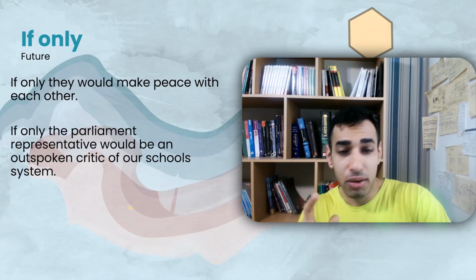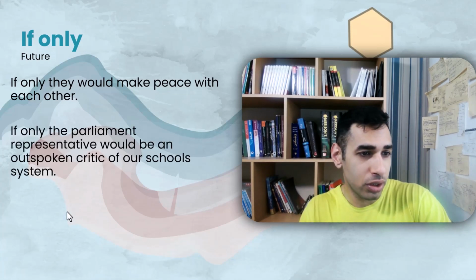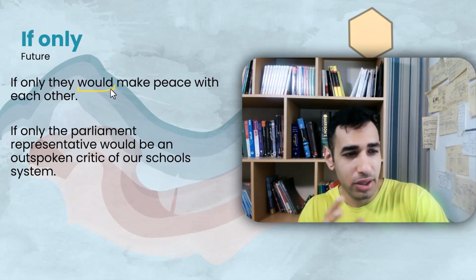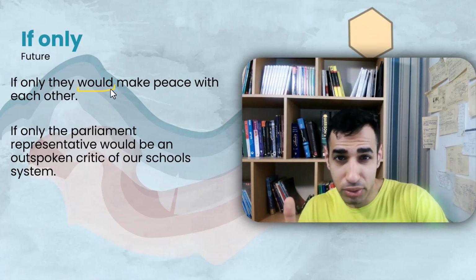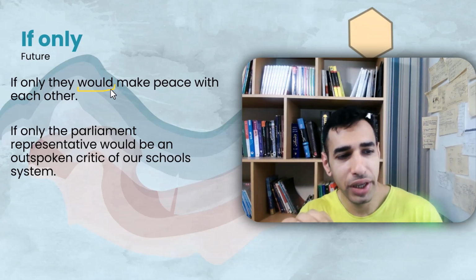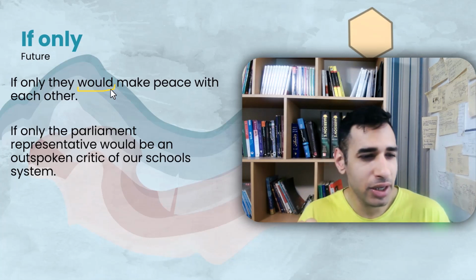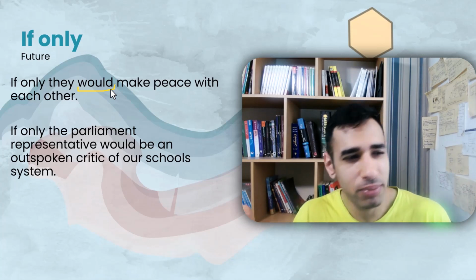If only, pay attention to the would. This would represents that this sentence is talking about the future. If only the parliament representative would be an outspoken critic of our school's system.